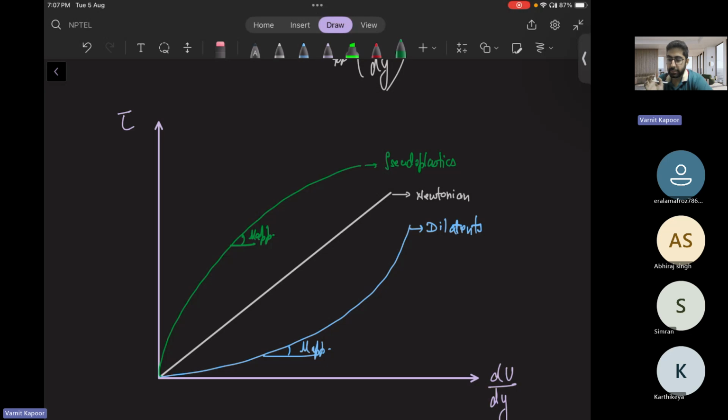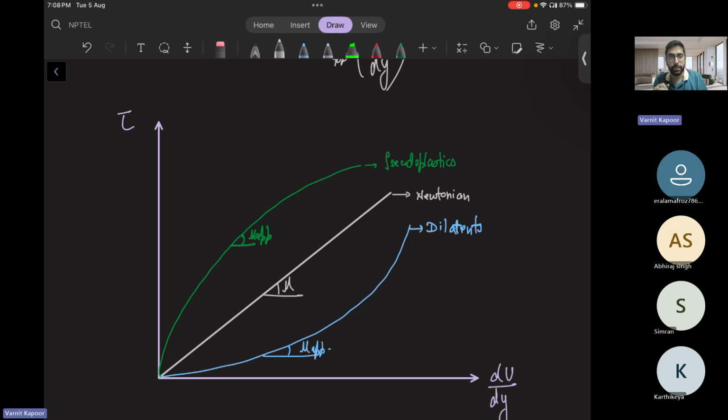Whereas pseudoplastics are those fluids where the apparent viscosity decreases with increase in the velocity gradient. Newtonian fluids are those where the viscosity is constant for that fluid. Here it will be only mu. So these are your pseudoplastics and dilatants. I'll give the examples as well.